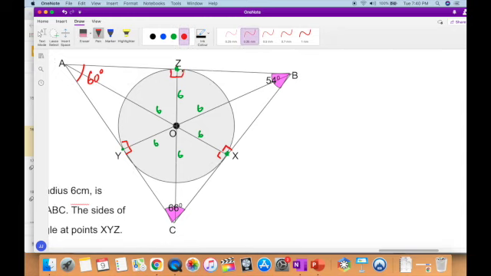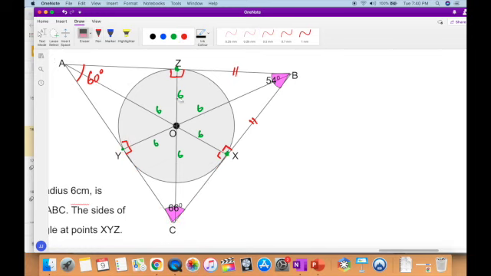Actually, you might not be that wrong. This distance is equal to this distance, and that's one of the theorems. Then we have this distance being equal to this distance over here. That is the same theorem.